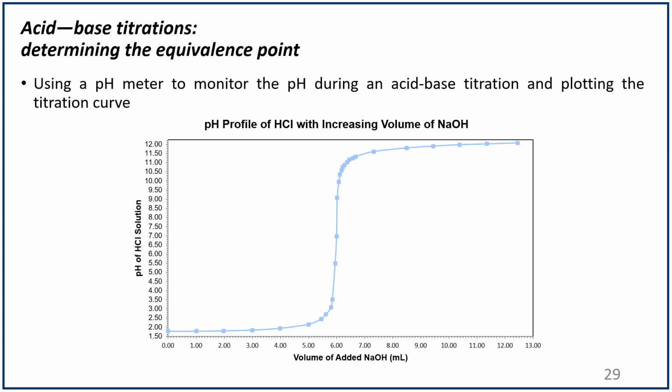But nonetheless, there are actually two ways available to determine where the equivalence point is. Well, first of all, you need to know if you have a strong acid being reacted with a strong base, a weak acid being reacted with a strong base, or a weak base being reacted with a strong acid.